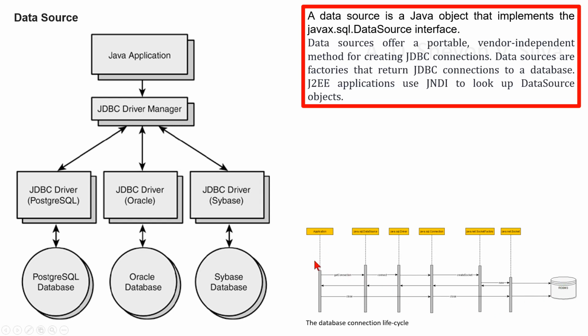Here the application is connected to java.sql.DataSource via get connection, and data source is connected to driver via connect, and here the driver is connected to connection, and connection is connected to socket factory via create socket, and socket factory is connected to socket via new, and then socket is connected to the RDBMS.